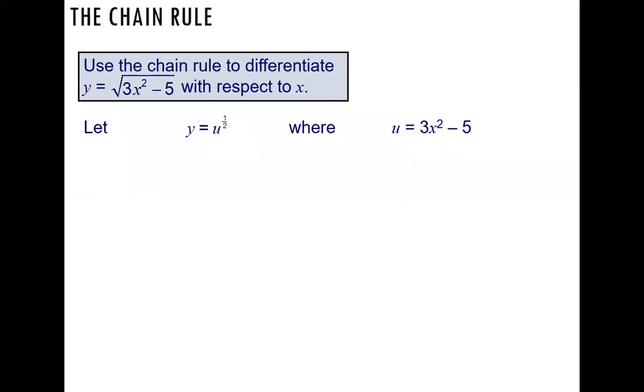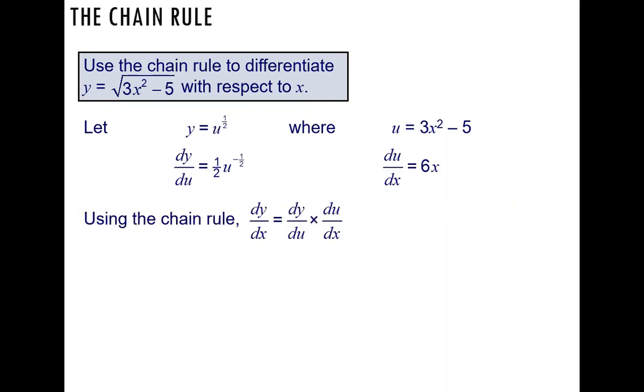And then y will be u raised to the power half. Then we differentiate y with respect to u, and u with respect to x. Then after that, we multiply the two, using the chain rule. So that will give us half u raised to the power negative half times 6x.